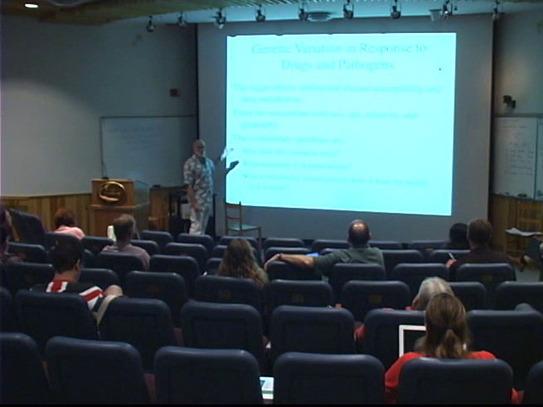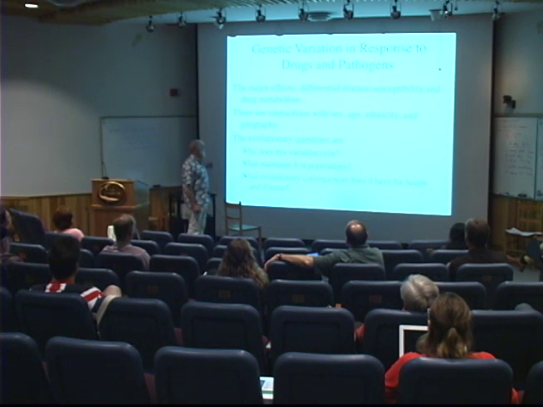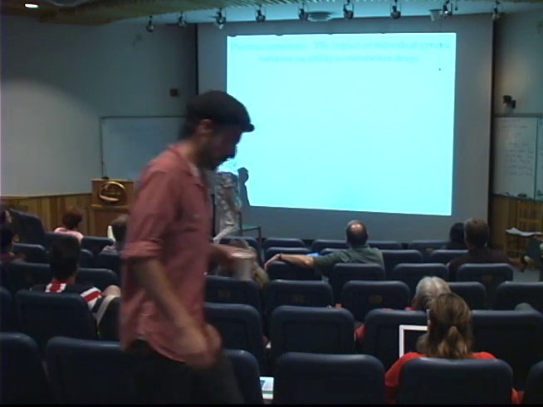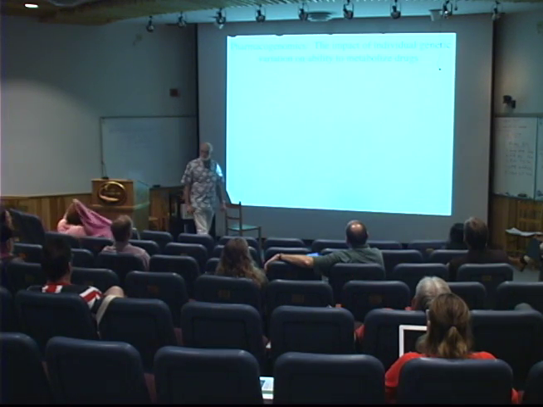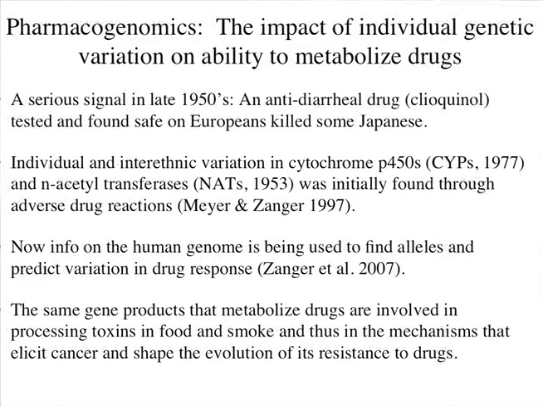And the evolutionary questions in the background are, why does this kind of human genetic variation exist? Why is it maintained in populations? And what consequences does it have for health and disease? So, this gets us into something which is called pharmacogenomics. And that means the impact of individual genetic variation on ability to metabolize drugs.